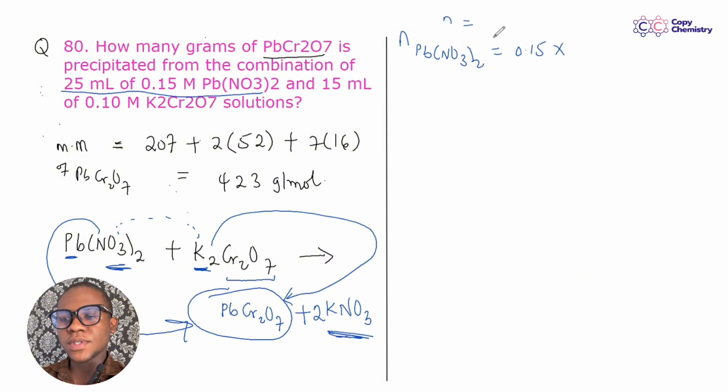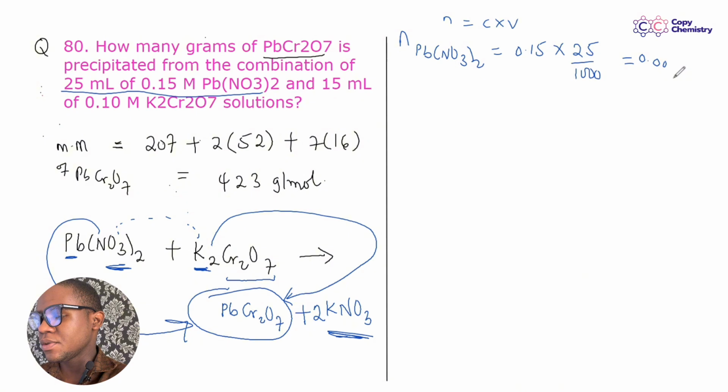I'm using n equals C times V here. The volume is 25 ml, right? But I'm going to have to divide that by 1,000 for unit consistency. And after doing that, I would get 0.00375 in moles.